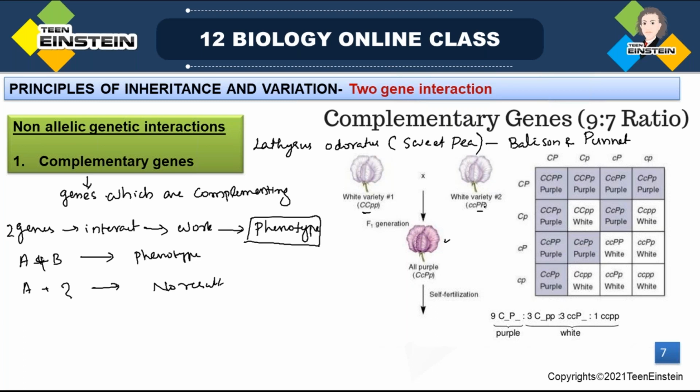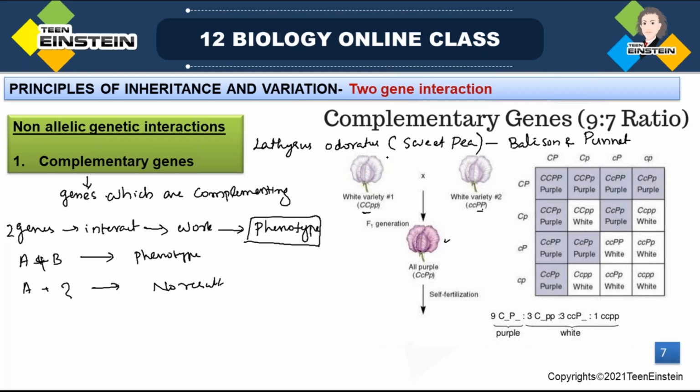Here, two dominant genes, C and P. When these dominant genes C and P are absent, that produces a white color flower.